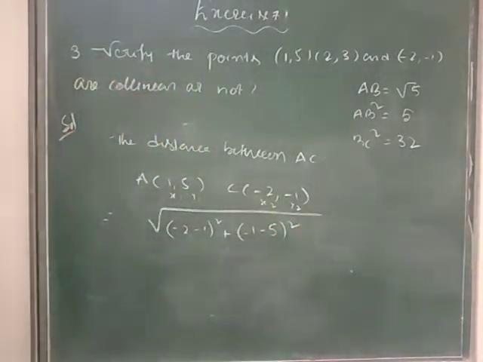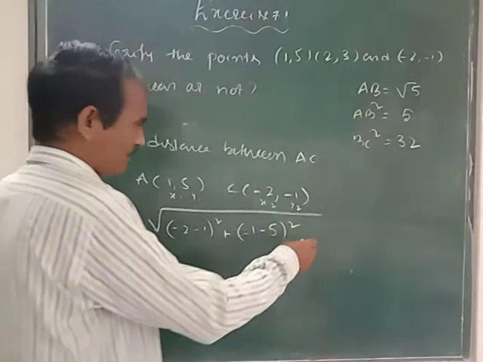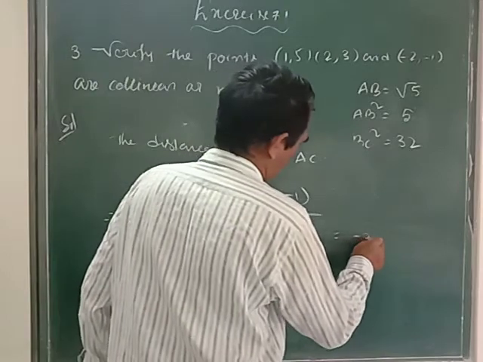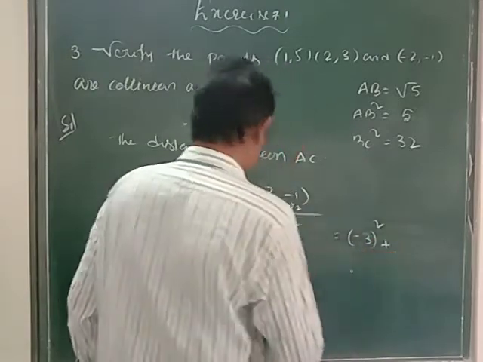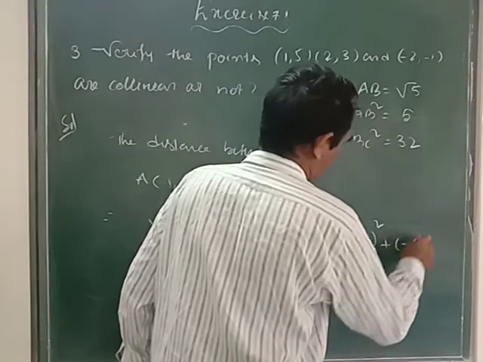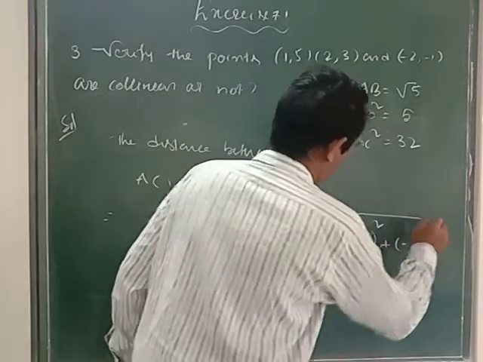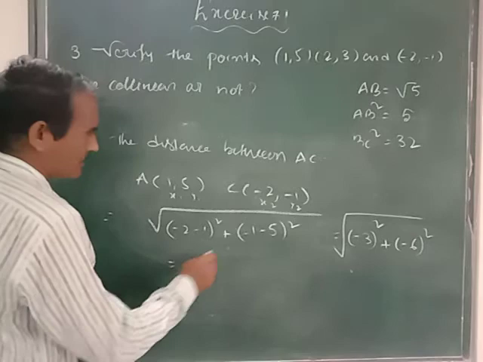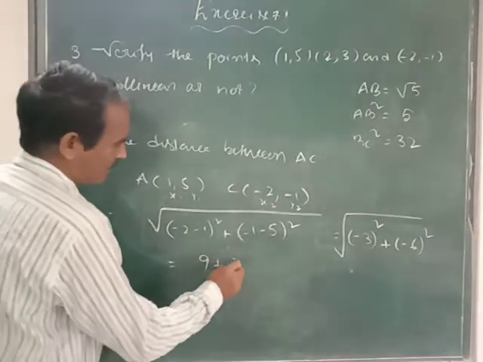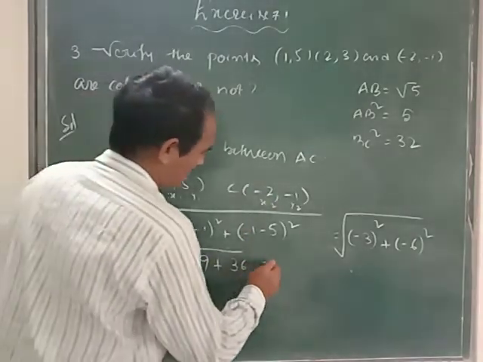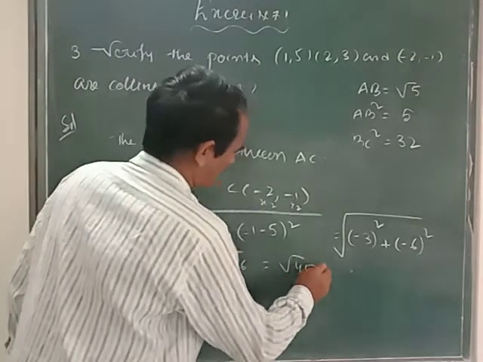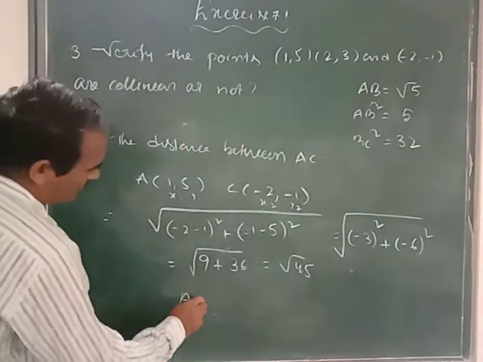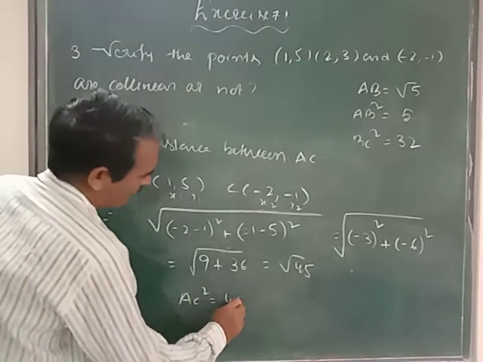Minus 2 minus 1 is minus 3, whole square, plus minus 6 whole square. That is 9 plus 36, root 45. Therefore AC square is equal to 45.